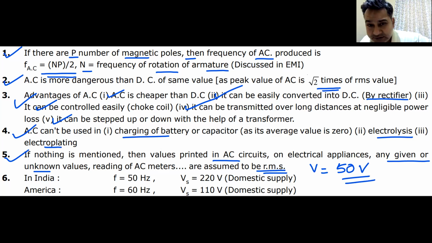Whenever we talk about AC, we always talk about RMS value. In India, the value of AC that we use is 220 volt. It is not the peak, the RMS value is 220 volt. Do we understand this? Frequency is 50 hertz. In America, it is 60 hertz and 110 volts. I'll give you a minute to capture this entire thing in your head.